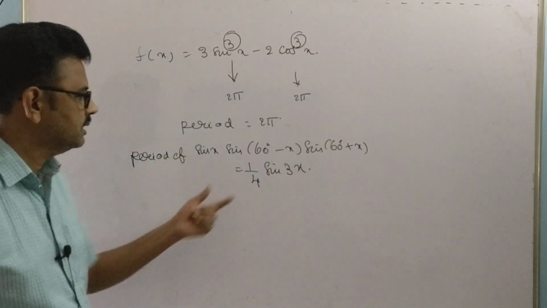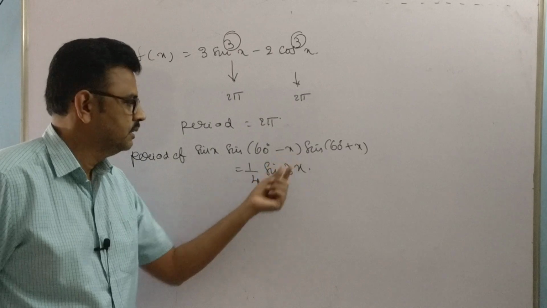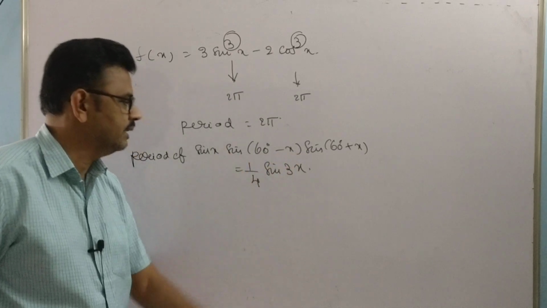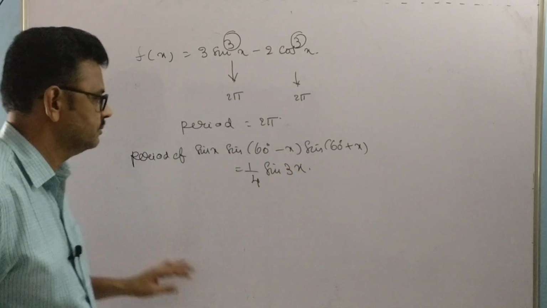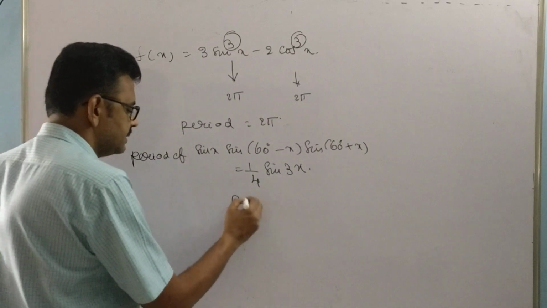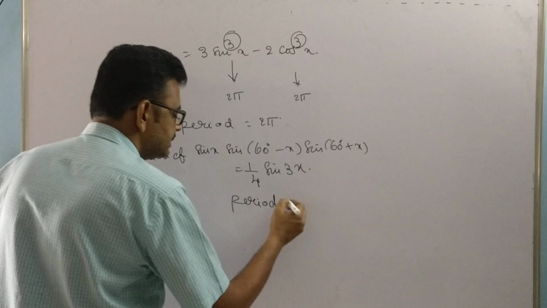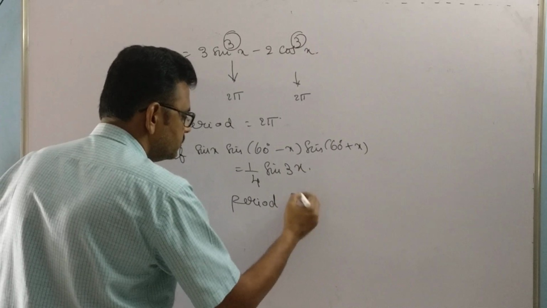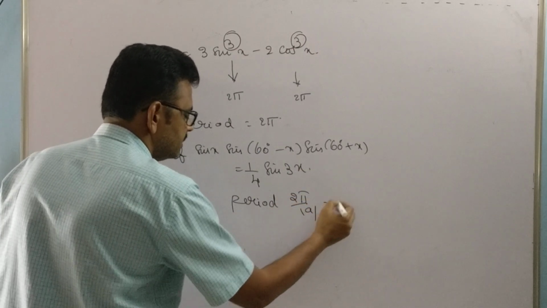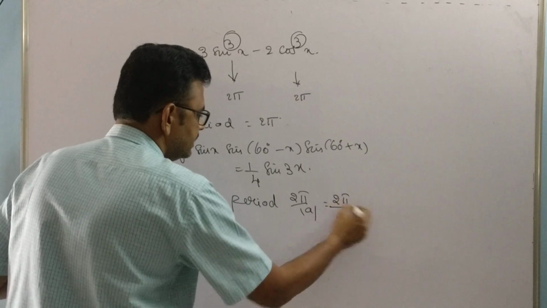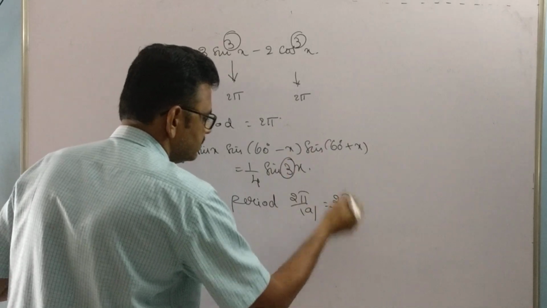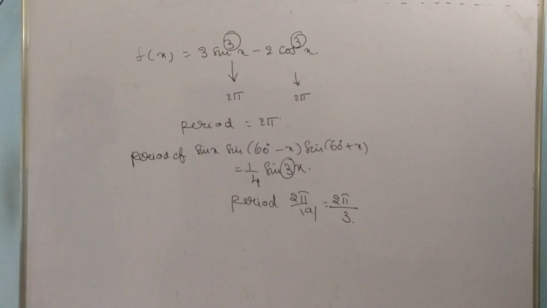In yesterday's class also we discussed this one. So 1 by 4 into sin 3x. Okay, now what is the period of the sine function? The period of sine is 2 pi. The period of sine of ax plus b is 2 pi by mod a. That is 2 pi by, where a is what? 3. 2 pi by 3. That is the period of the function.